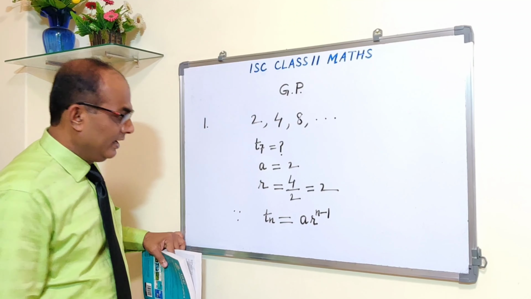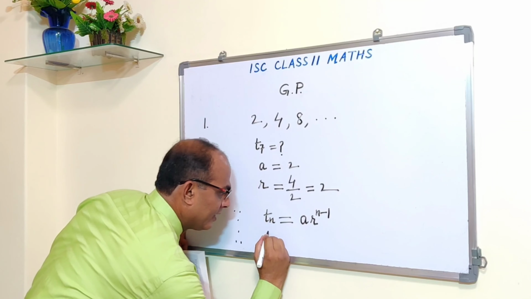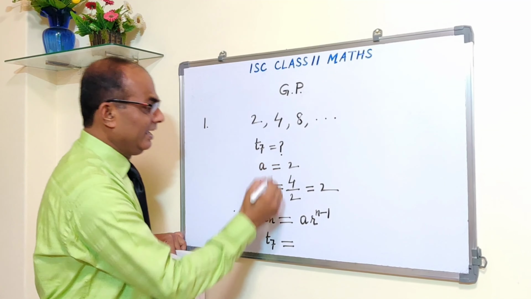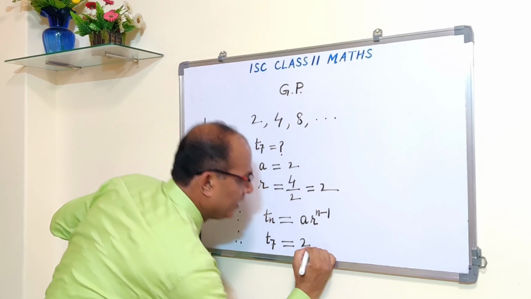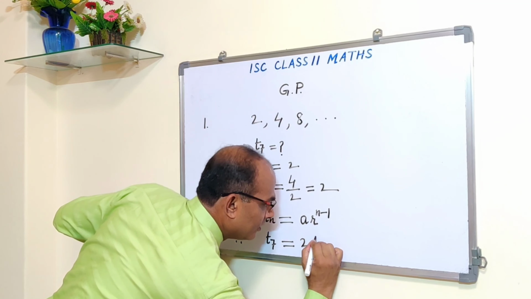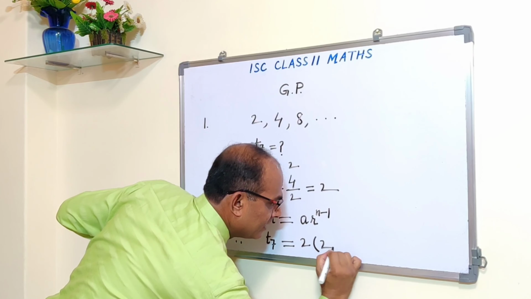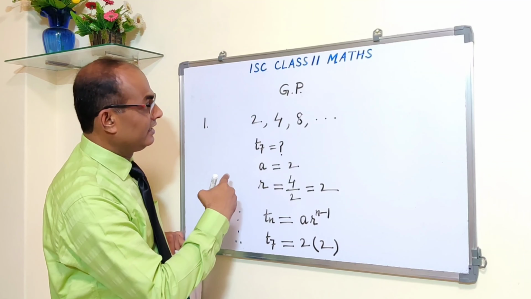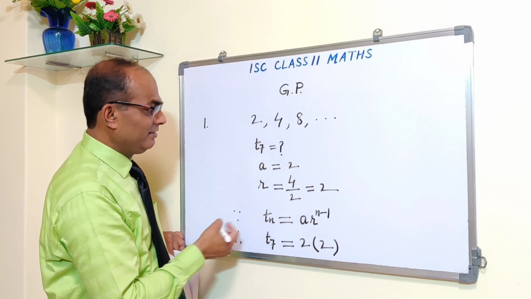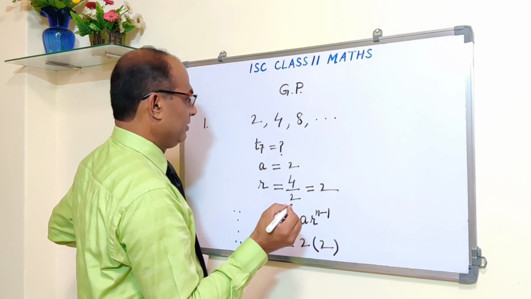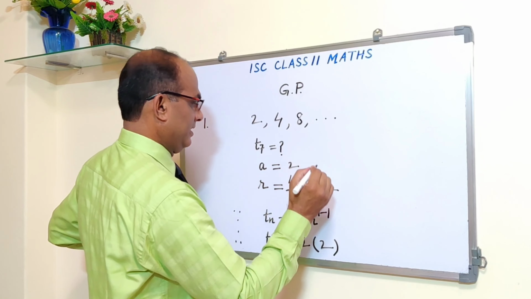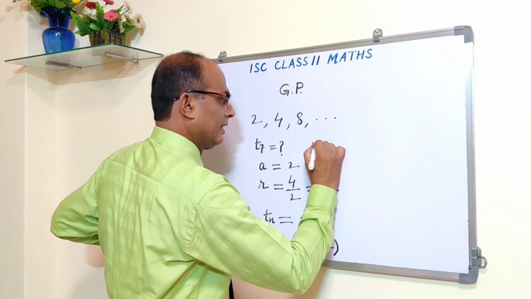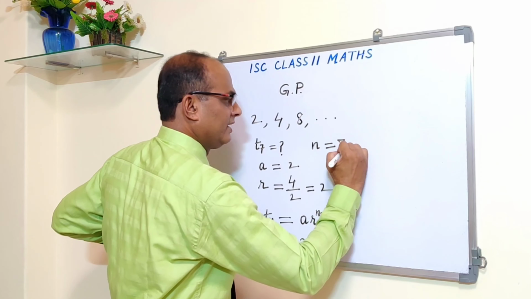Therefore T7 is equal to A, which is 2, R, which is again 2, raised to the power n minus 1. N is 7, T7, so n is equal to 7.